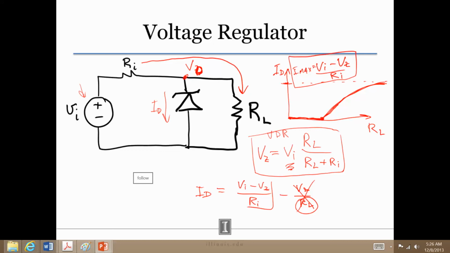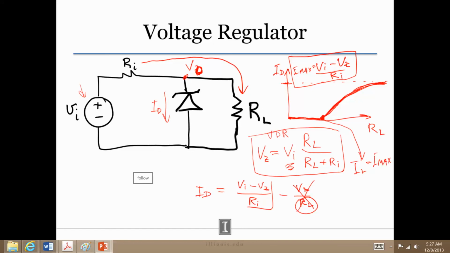Okay? And as the load starts then dropping, as resistance starts decreasing from that value, at some point more and more current flows through RL, and at some point it hits the point where the current through RL reaches that maximum value. Okay, at this point, essentially for this RL, IL equals I max.